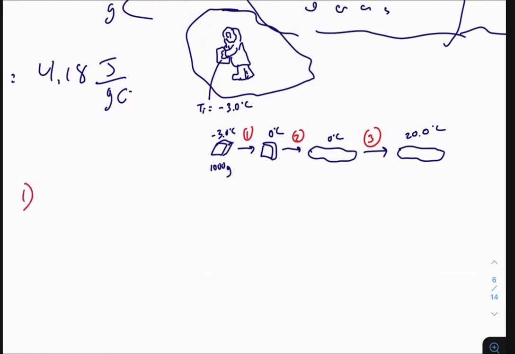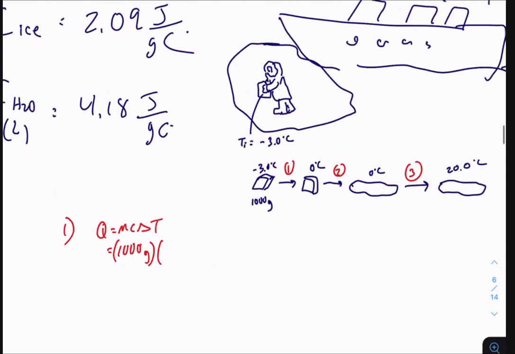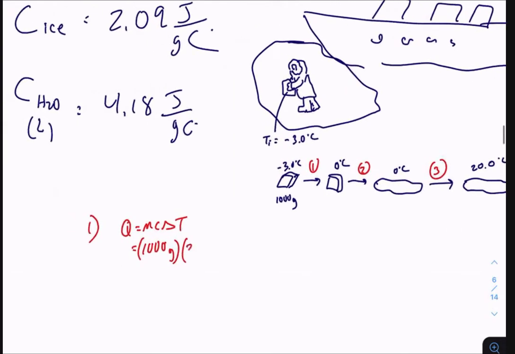So in calculation 1, what do we know? We know the mass is 1,000 grams. We know the specific heat of ice, not liquid, right? Of ice, 2.09.